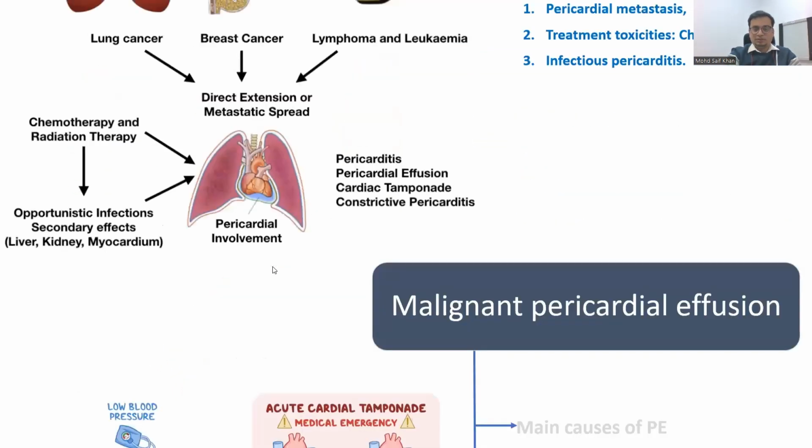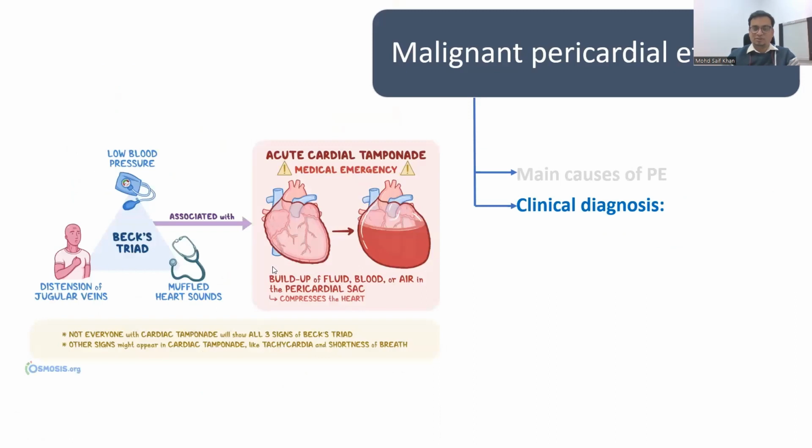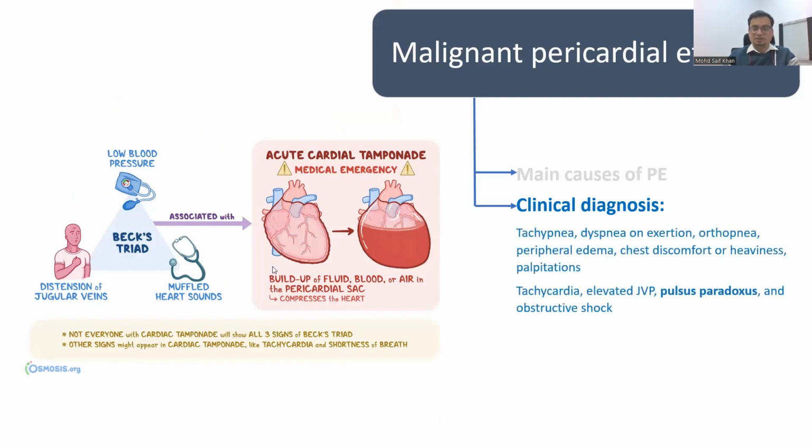Okay, so the diagnosis is usually clinical. These patients may present with features of pulmonary edema and obstructive shock. Beck's triad of cardiac tamponade, and there will be pulsus paradoxus, tachycardia, dyspnea, etc. Features of pulmonary edema, pulmonary congestion will be there.